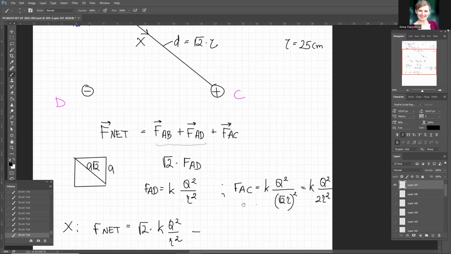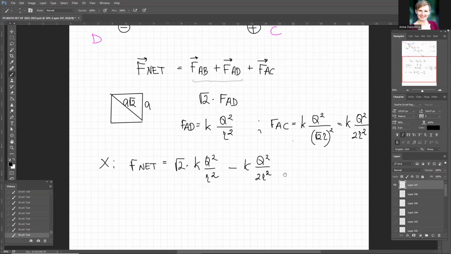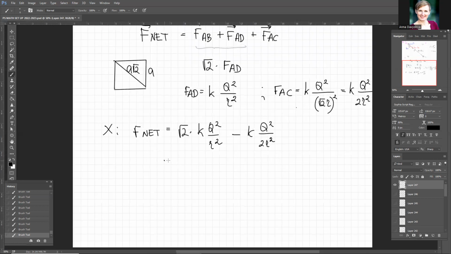It's right here, we have just figured this out: k q squared over 2 r squared. By estimation, it looks like the first term will be larger than the second, because it's √2 and this is 0.5. So just to make it very clear, this is what we have. All we need to do now is put the numbers in. We have the charge, we have the R, we have the K, and we just calculate all that.